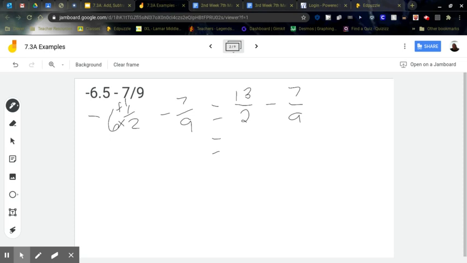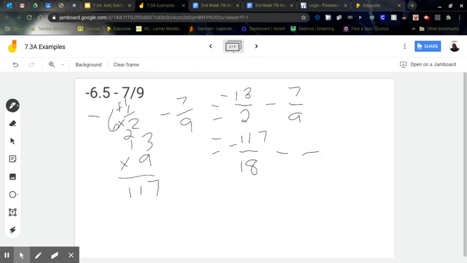So my common denominator, 9 times 2 is 18, so we're going to do 18. I did 2 times 9, so 2 times 9 was 18. So 13 times 9, let's figure out what 13 times 9 is. 9 times 3 is 27. 9 times 1 is 9 plus 2 is 11. So that is 117. And don't forget the negative there because it was negative.